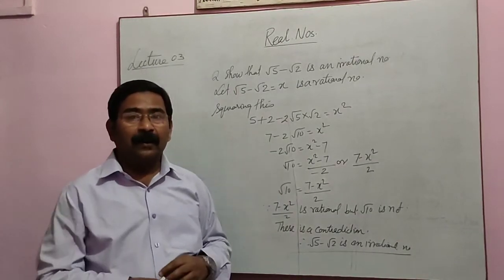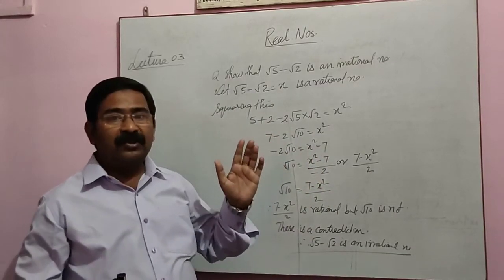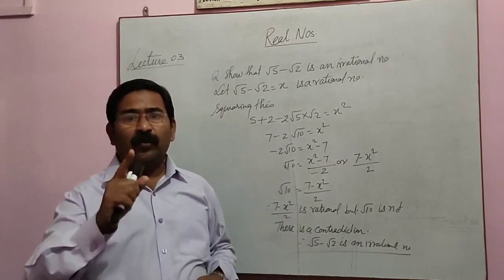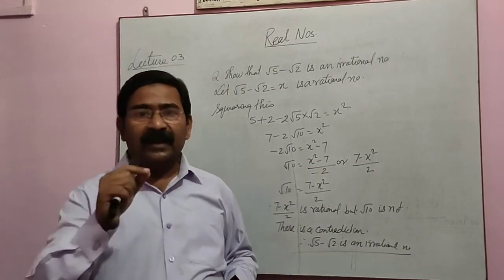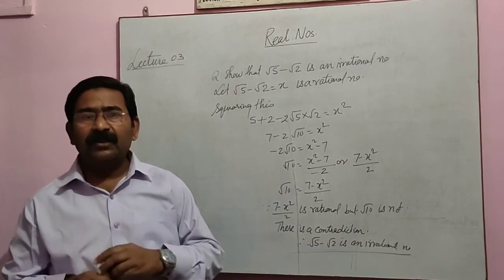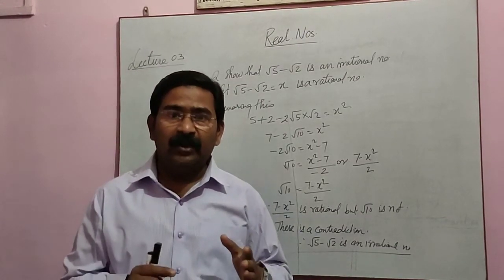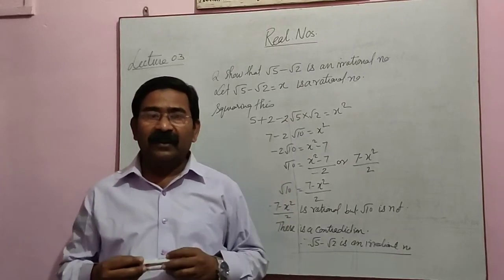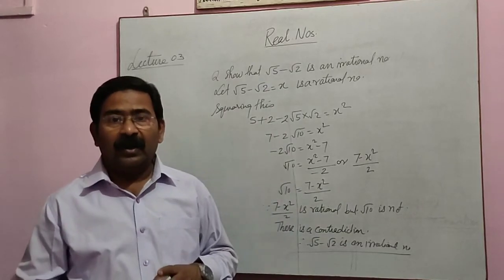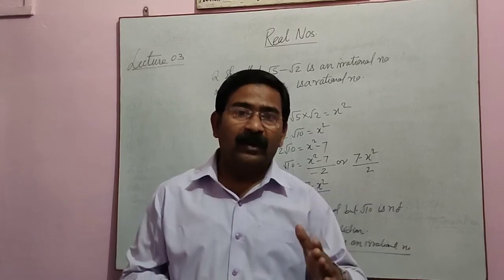So in this lecture, you will solve the questions from the exercise. Very few questions, and very simple ones. Exercise 1.4 of NCERT: in question number 1, different rational numbers are given and you have to identify whether they give a terminating decimal or not, and if it does, you have to convert them into decimal.